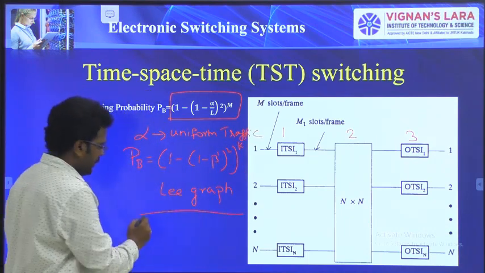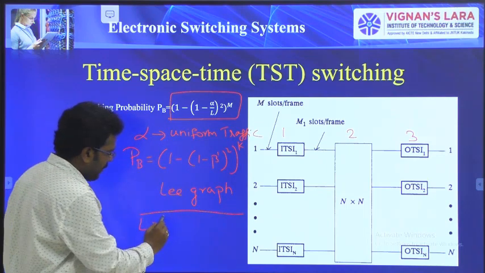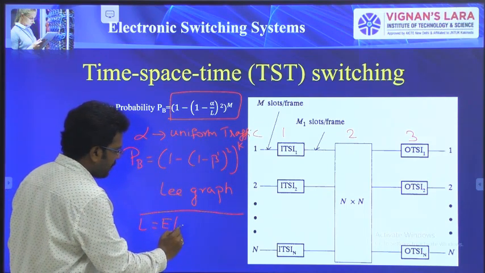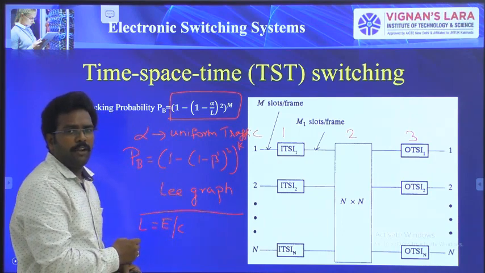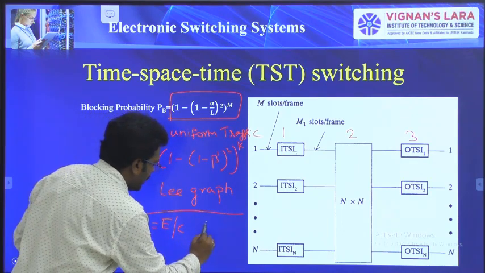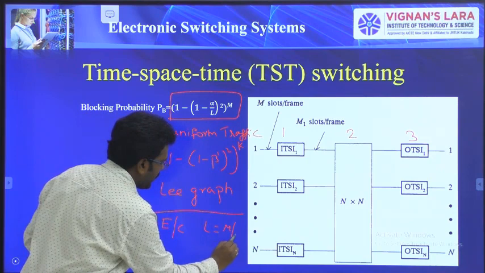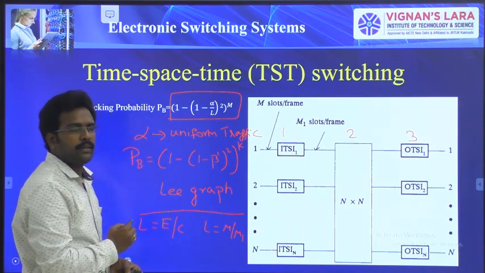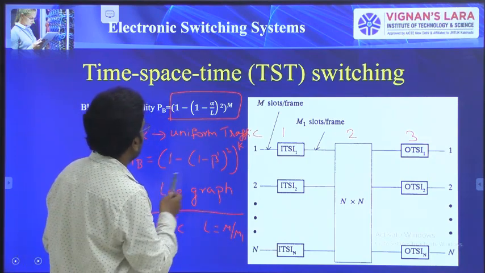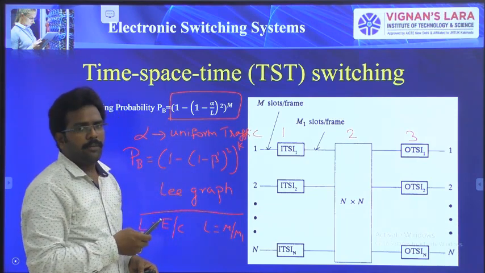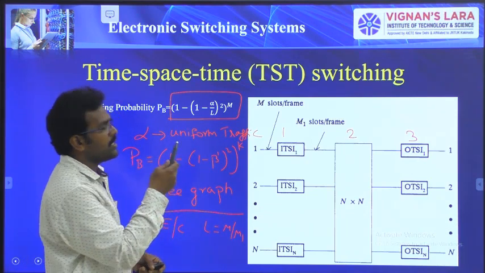And L indicates that it may be either an expanding structure or a concentrating structure, based on the value of M1, so L is equal to M by M1. So this is about finding the blocking probability for the TST switch.